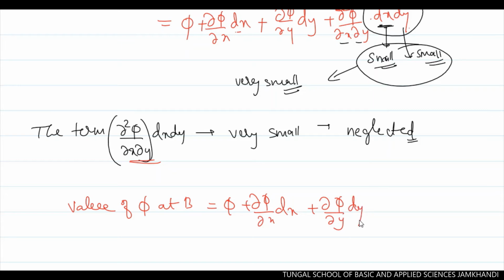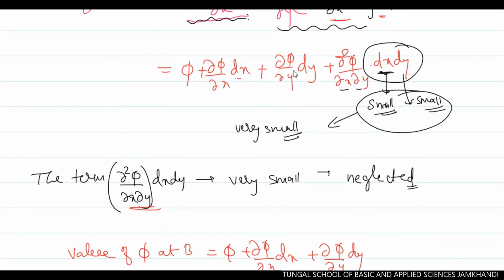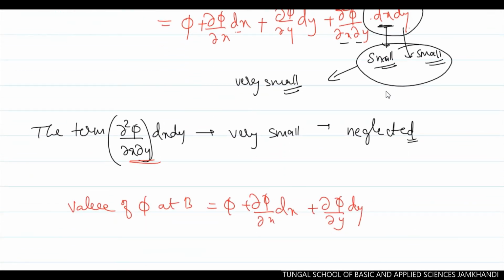So now it is very meaningful that even though there is a dependency of the function phi, even if it is varying along the y-axis, it can be negligible, because the variation of x and y at the same time will be very small. So that's why we can neglect.